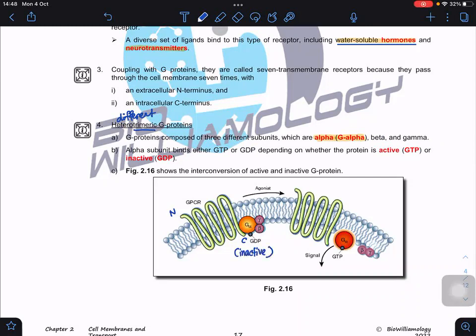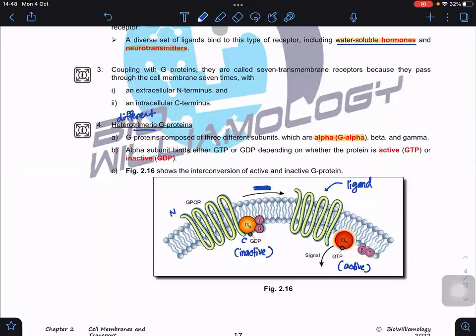When it's active, GDP will be substituted by GTP, then it becomes active. That means something has already bound to this receptor, our ligand or agonist. Don't worry about agonist at this moment, too many terms for you.